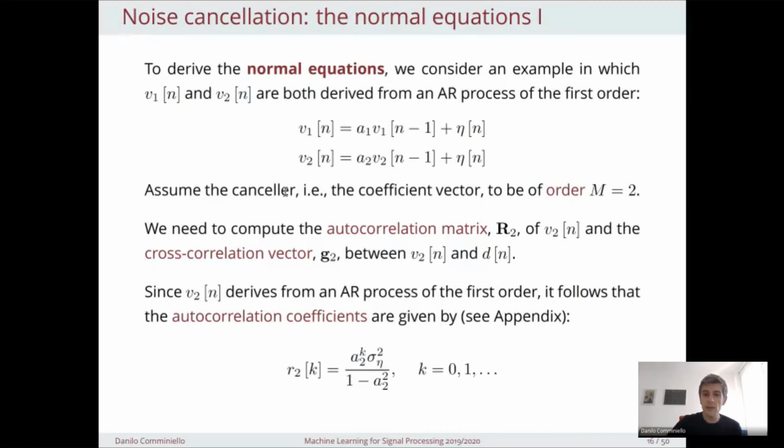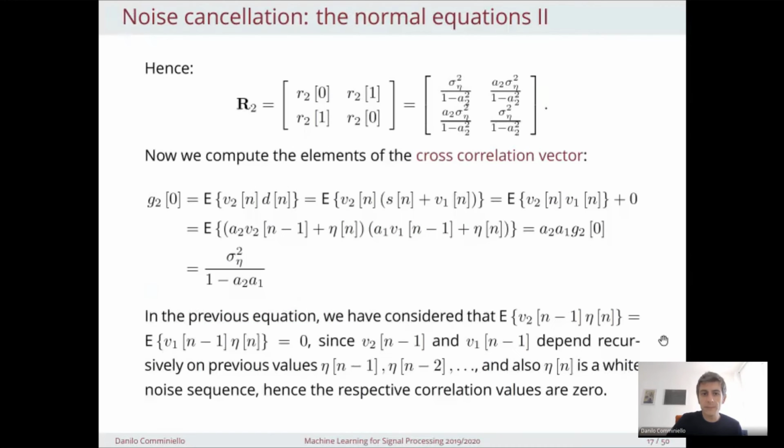I will give you all the additional material from which you can arrive at these equations. But you just need to know that if you have signals drawn from this kind of process, the autocorrelation coefficients can be easily derived in this way just by using the variance of the signal.